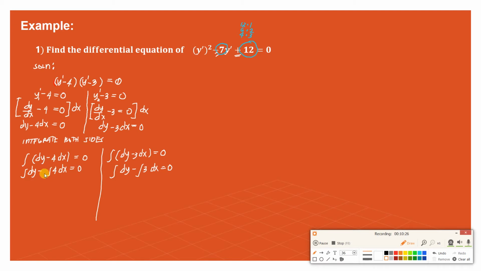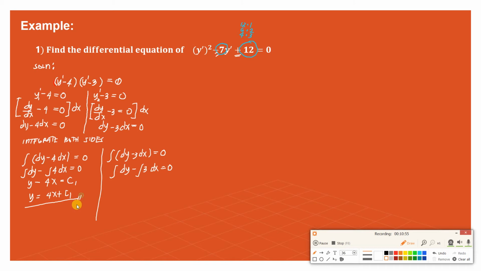Okay, so integral of dy, sige, gawin natin yon, is y minus integral of 4dx, labas ko si 4. Integral of dx is x is equals to c. So, ayan yung parang c sub 1. Or, y is equals to 4x plus c sub 1.